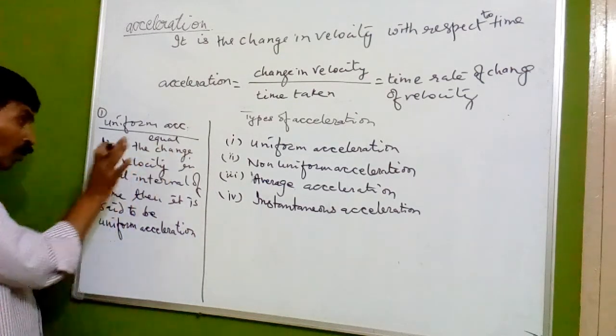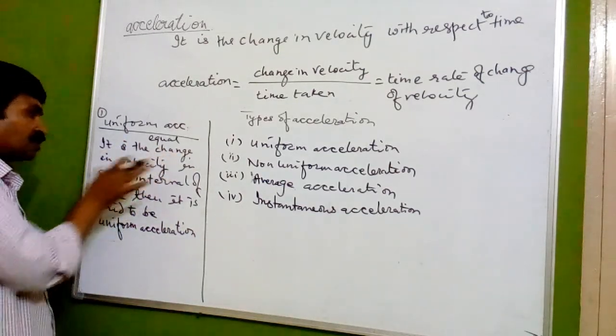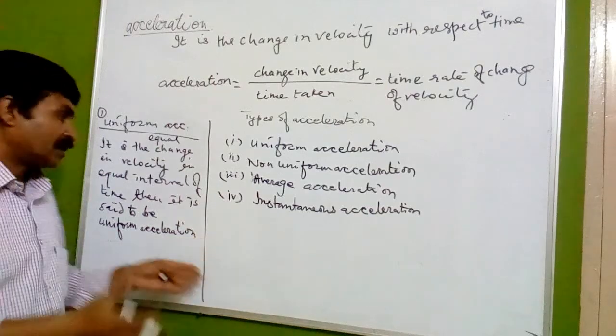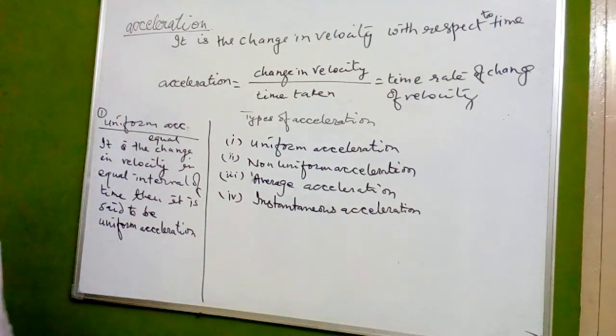Uniformity is the equal change in velocity in equal interval of time. Then it is going to be uniform acceleration.